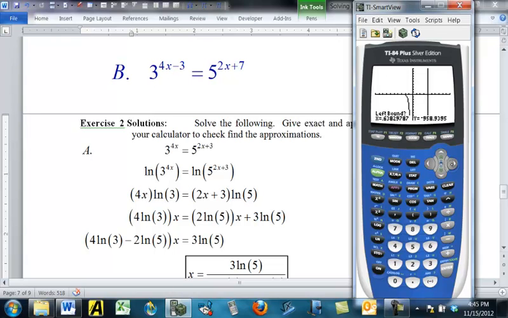Okay, I can't see the cursor, but I'm also looking at the y values here. Y values are still negatives, positive. Okay, so it's between those two. So I go back to the negative, left bound, the positive, right bound, and pick whichever one of them is closer to 0 for the guess.